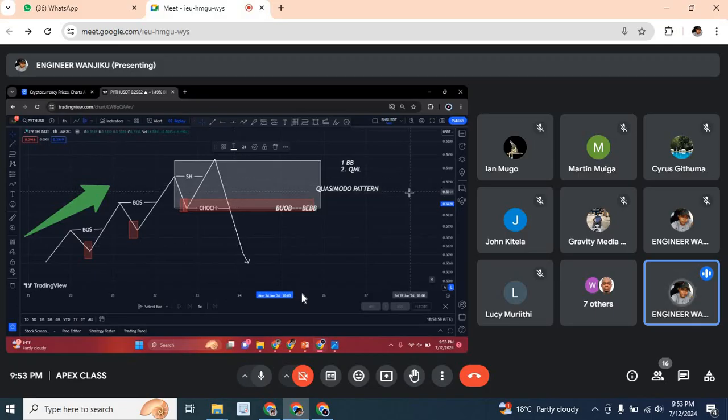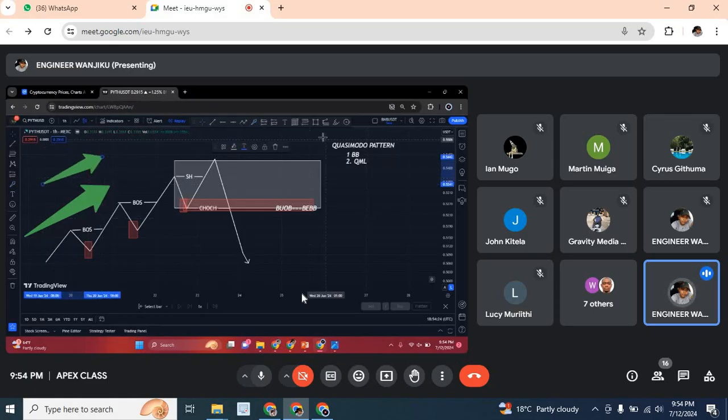And no wonder we are saying if you want to trade a Quasimodo pattern, you can trade it number one as a breaker block, trade the breaker blocks, or trade the QML. So the first one is the breaker block. The market has broken through, and you're having a change of character. So we know that the market is changing from an uptrend to a downtrend.